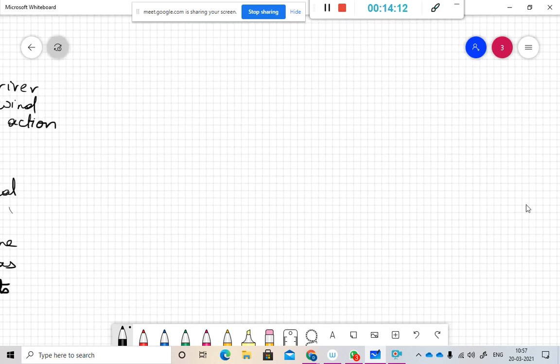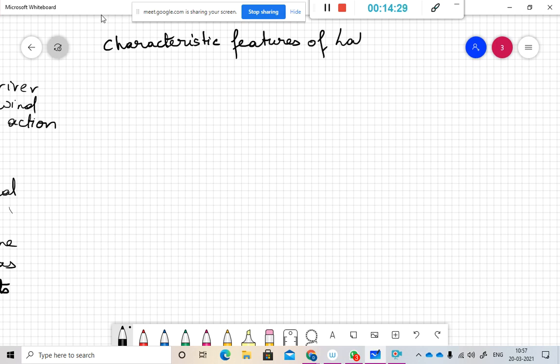One more question: what are the characteristic features of lakes? Each lake is characterized by its basin.